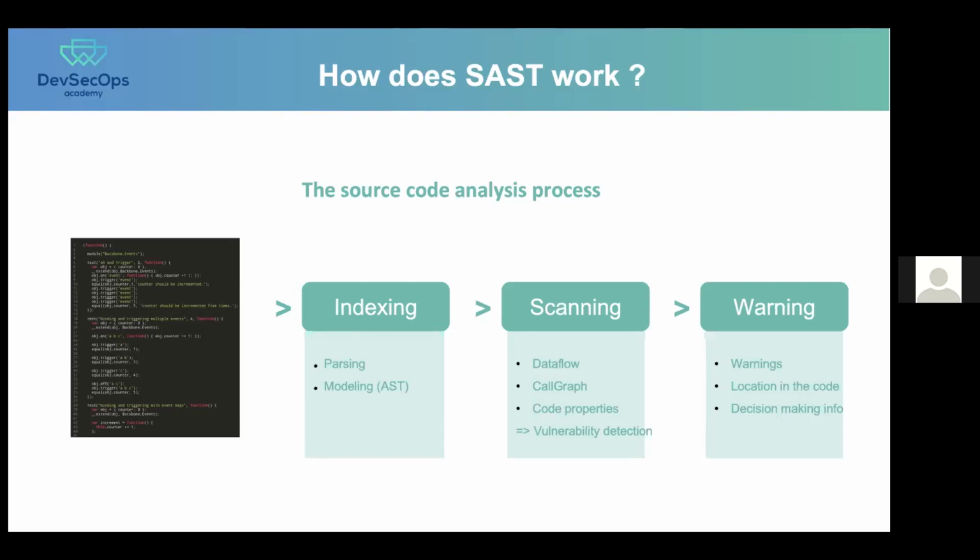This step gives you vulnerability detection and raises warnings so that you know which parts of code are suspicious. Then you get a warning, which is the end-user visible part of the SAST, with information about the location where there is a problem in the code. And also, depending on the tools, you will get a certain level of decision-making information. Next.